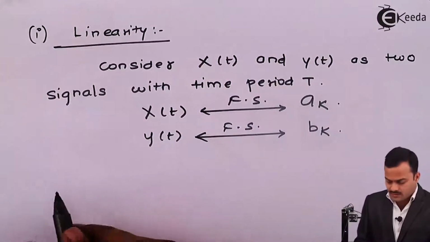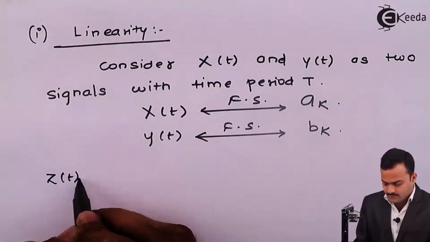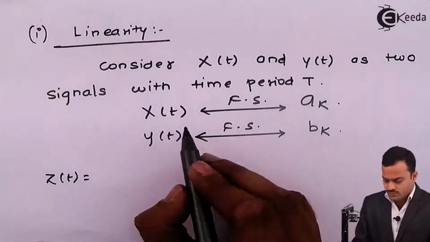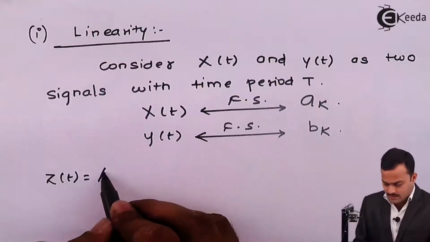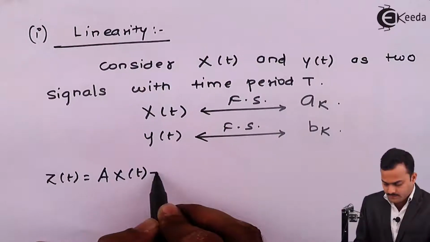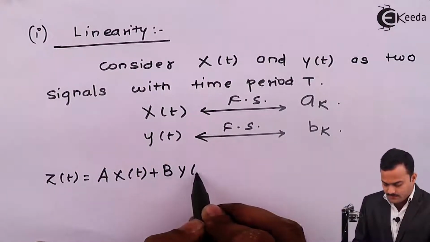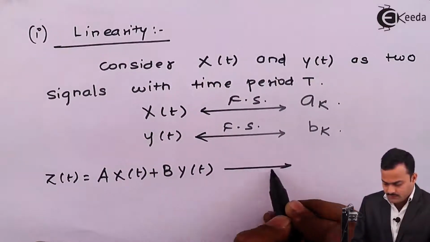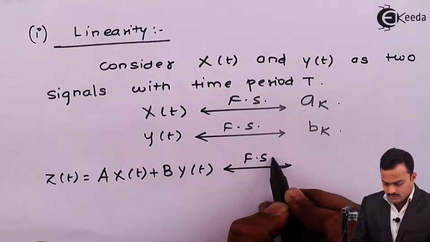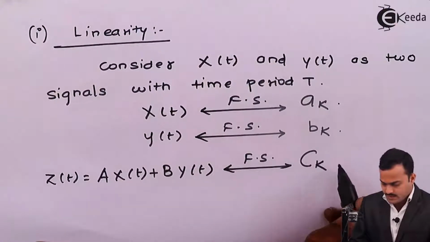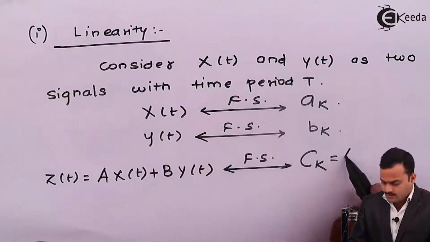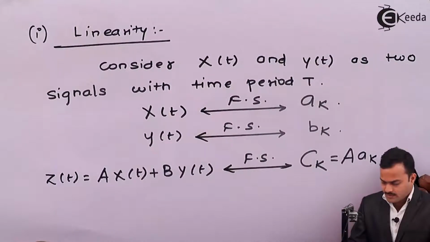Then if we are having a third signal, which is z of t, a linear combination of these two, x of t and y of t, as capital A times x of t plus capital B times y of t, its Fourier series coefficient will be ck, and that is nothing but capital A times ak plus capital B times bk.